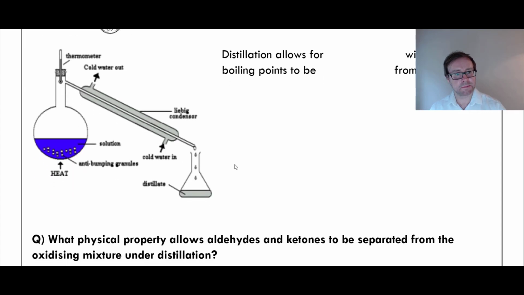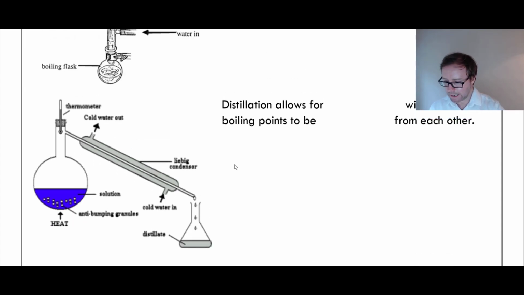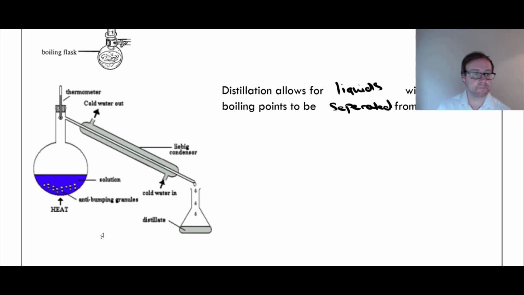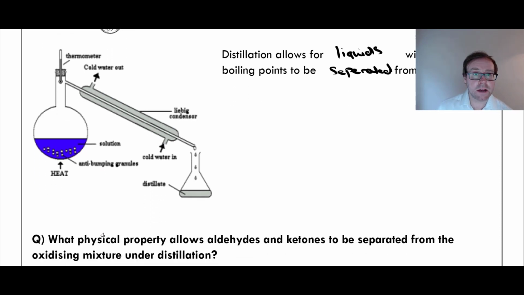Distillation, so this is an example of a distillation, allows for liquids with different boiling points to be separated from each other. For example, if I have my primary alcohol here and I add potassium dichromate and H+, I will oxidize it, but I won't fully oxidize it.